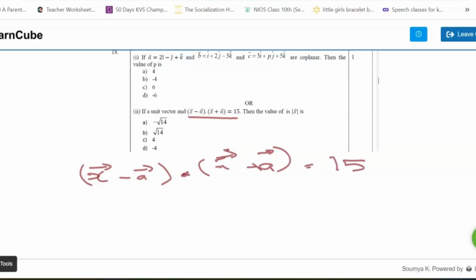Multiply or find the dot product of this one. So it will be square.